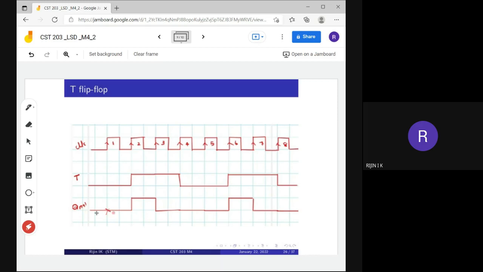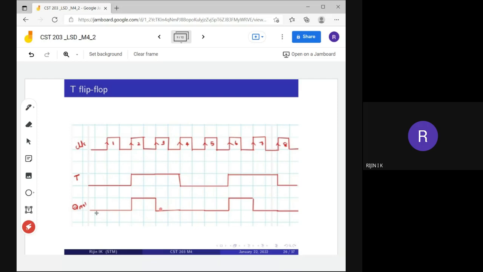Then the next state is also 0. Then after a clock pulse, here the T input is 1. Then our next state is also 1. It goes high for that clock period. In the next clock period the current state is 1 and the T input is also 1. Then what will happen? It will toggle, it goes to the opposite, so it becomes 0.